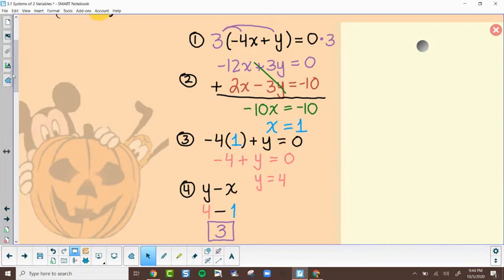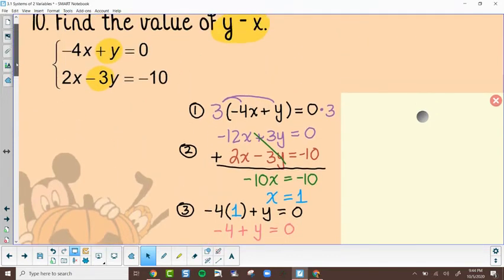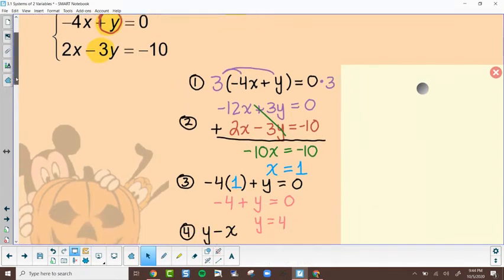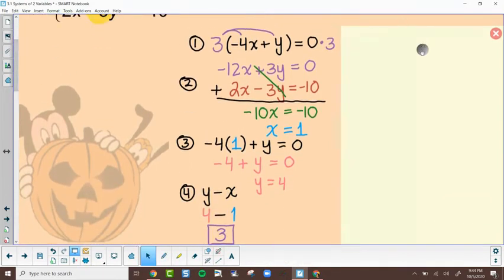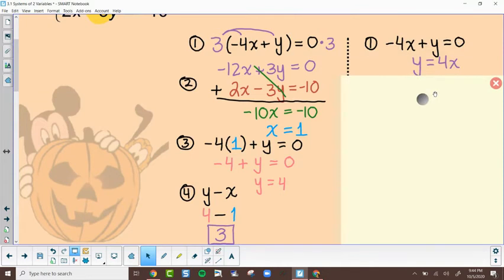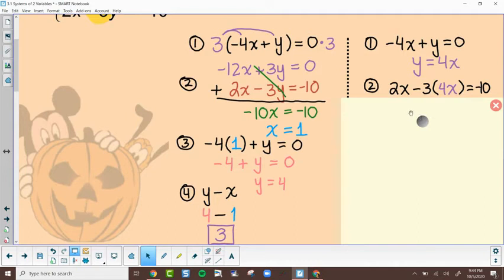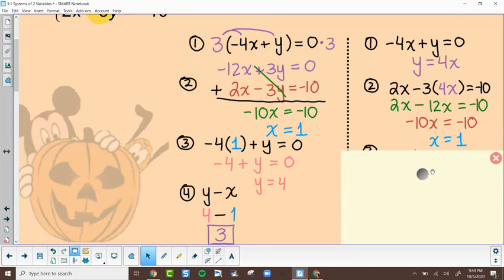If you chose substitution, you probably noticed that this y was almost by itself. You just needed to move that over. That would have been your first step, solving one of those for y, substituting that into the second equation, and then you'll see that you still found x was equal to 1.